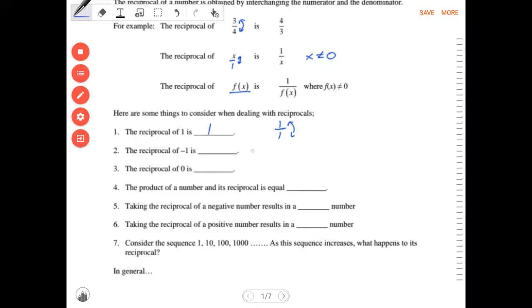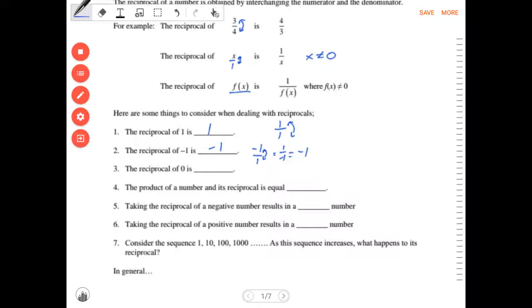The reciprocal of negative 1, if we do the same logic, negative 1 divided by 1, and then flip them, then we get 1 over negative 1. Wait a sec, 1 divided by negative 1 is still negative 1. Whoa, that's crazy. So the reciprocal of 1 is 1. The reciprocal of negative 1 is negative 1. Well, that's pretty cool. Those ones stay the same.